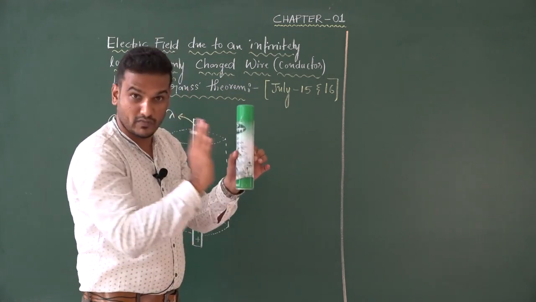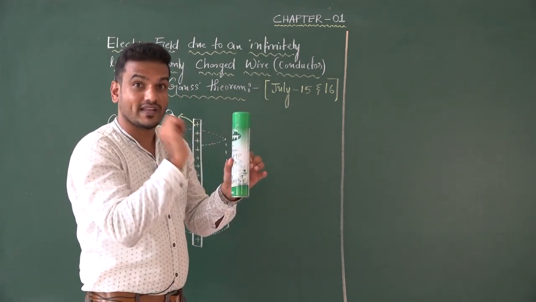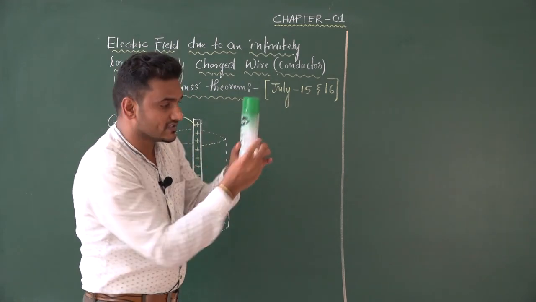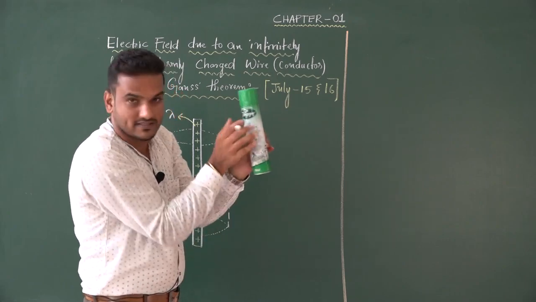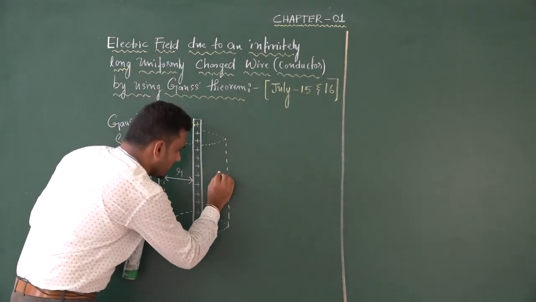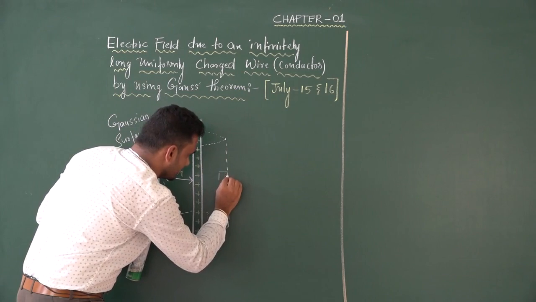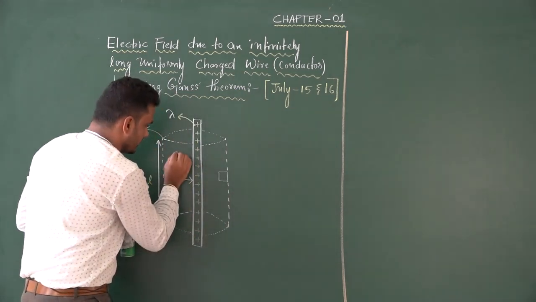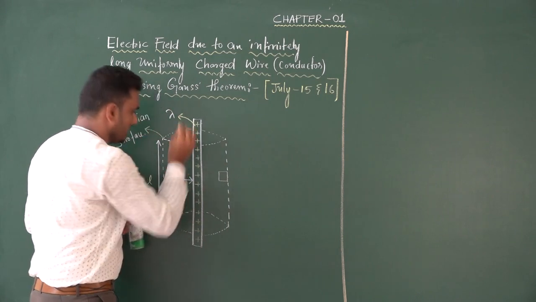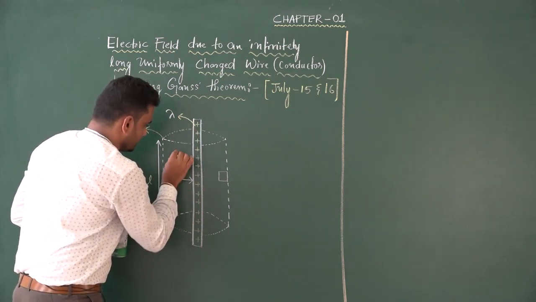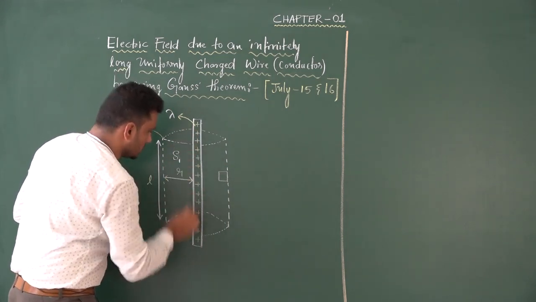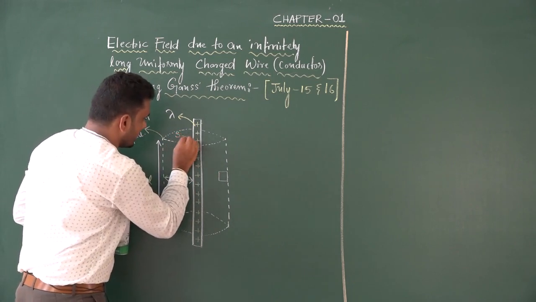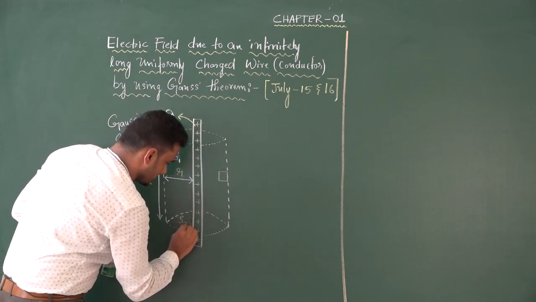Okay. Now I am going to consider one area element on the curved surface here. On the curved surface, one area element I am considering. For the curved surface we can give a name as S1. Two flat circular surfaces we can give the names S2 and S3.